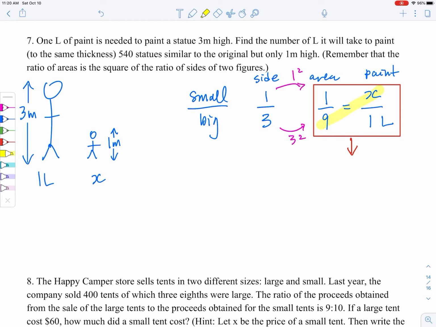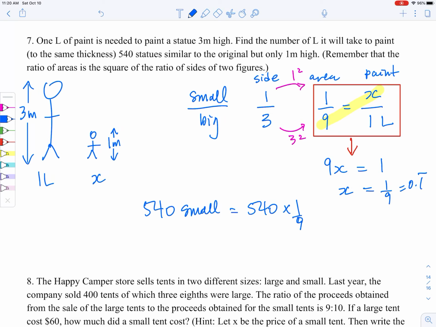And so I get 9x equals 1 times 1, which is just 1. So x equals 1/9. You could do it as a decimal, that'd be 0.1 repeating, or you could just leave it as a fraction. So then 540 small statues is going to equal 540 times 1/9. And when you do that calculation, you get that that's going to be 60. And paint was being measured in liters. So 60 liters of paint.